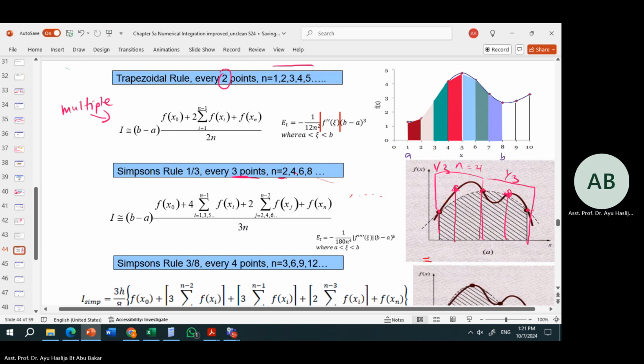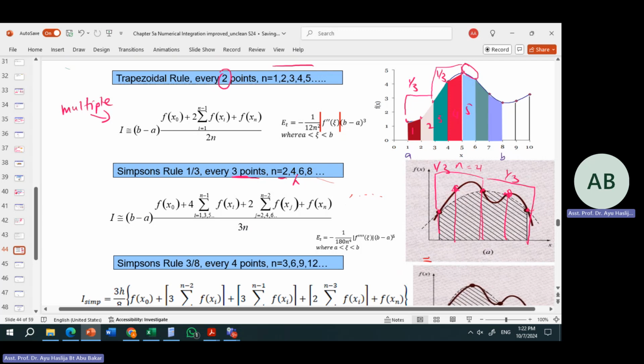Now here, it doesn't mention 5. Why? Let's say n equals 5, for example. With n equals 5, you have 6 points. 1/3 requires minimum 3 points. 1, 2, 3 is one 1/3. At this point, you cannot use the 1/3 rule because it leaves only 2 points.